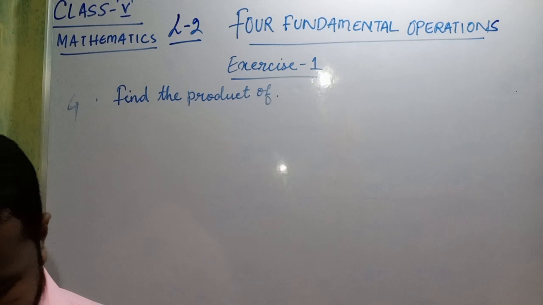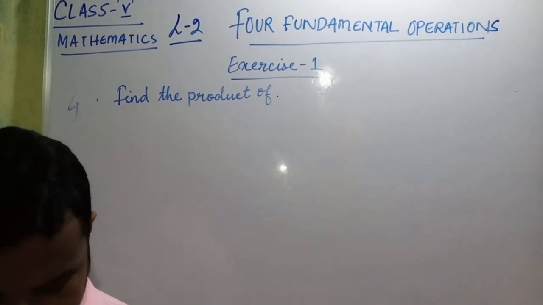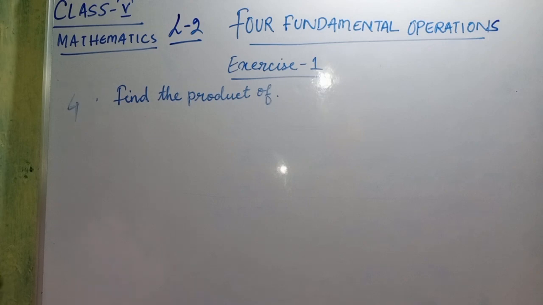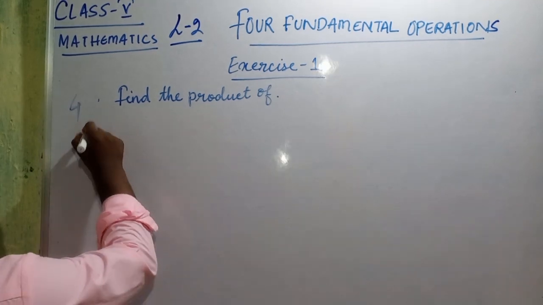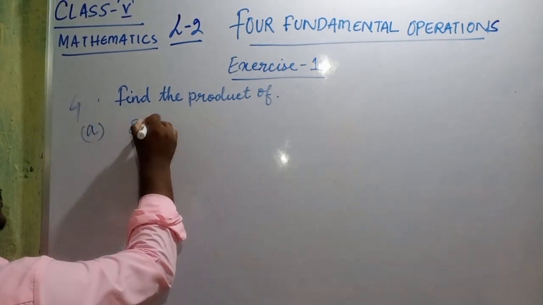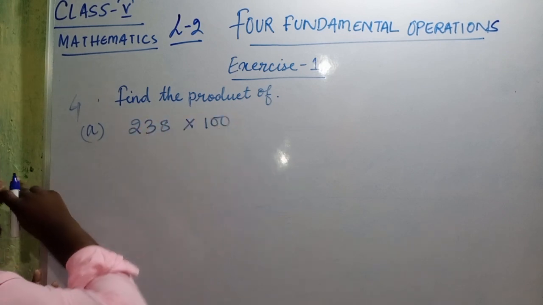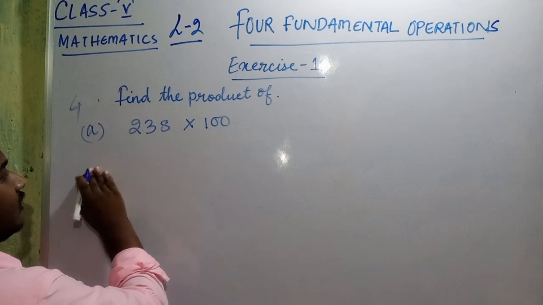Simply you have to do it. So how will we do it? See here how you will do it. Fourth number question: 238 into 100. This is very easy. Okay, how will you do it?